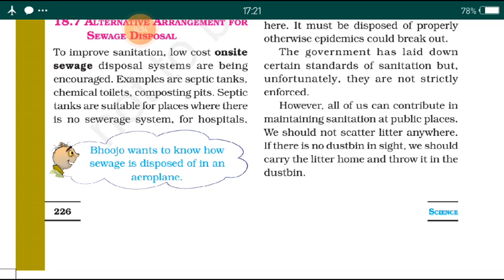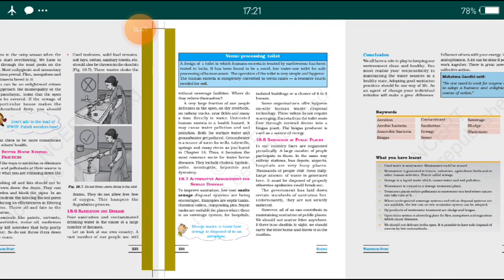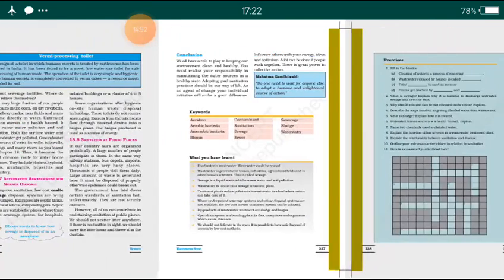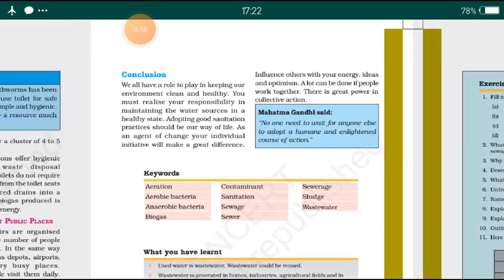We should not scatter litter anywhere. If there is no dustbin in sight, we should carry the litter home and throw it in the dustbin. We should not make a mess here and there.